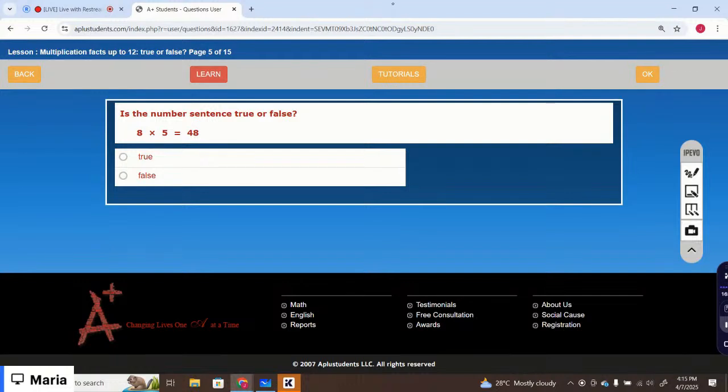False it is. 8 times 5 is 40 and 40 is not equal to 48.